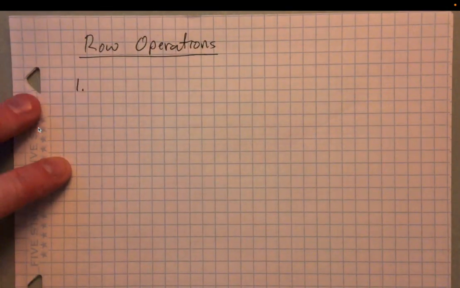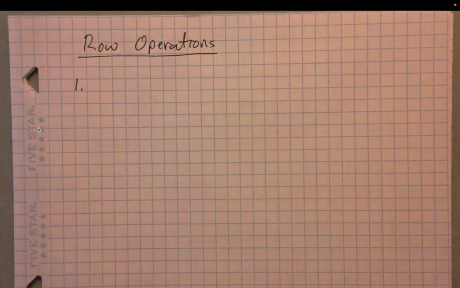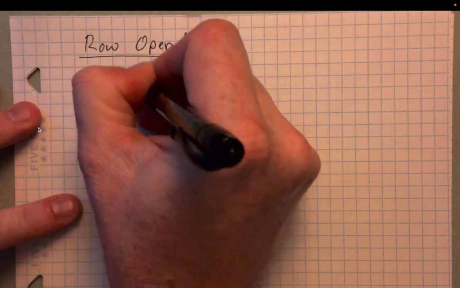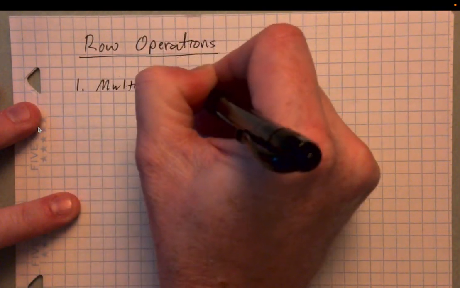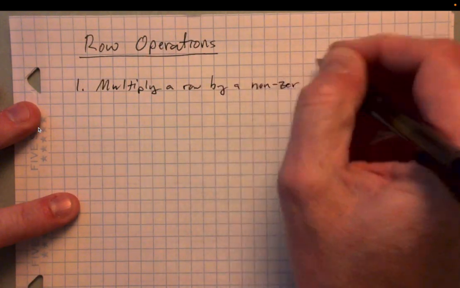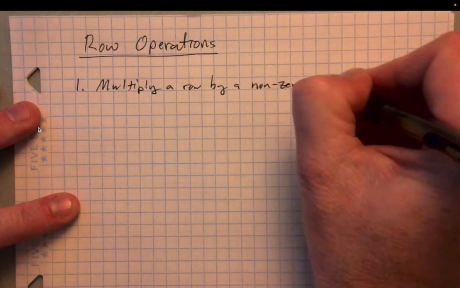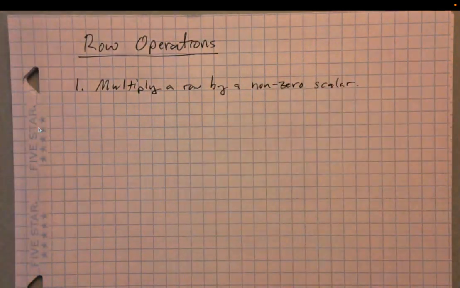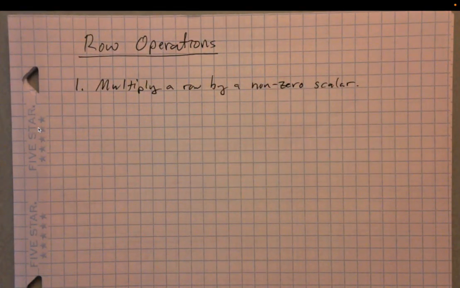The first one is you can multiply a row by a non-zero scalar. Any row in the matrix, I can multiply by any non-zero real number without changing the solution set of the resulting matrix.